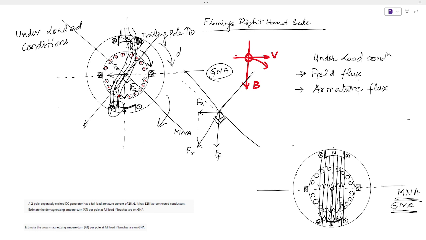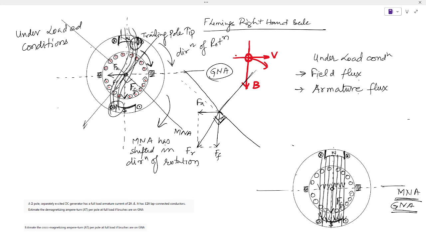This is the direction of rotation. So for the generator under loaded condition, the magnetic neutral axis will shift in the direction of rotation, and for motor action the magnetic neutral axis will shift opposite to the direction of rotation.